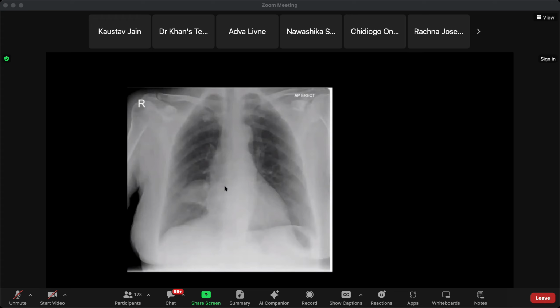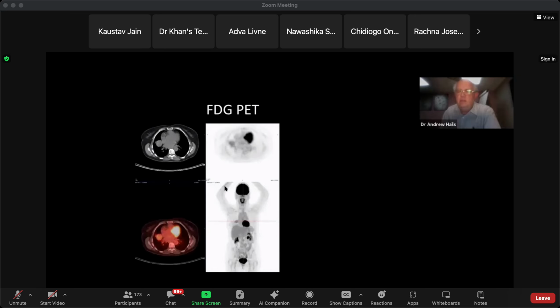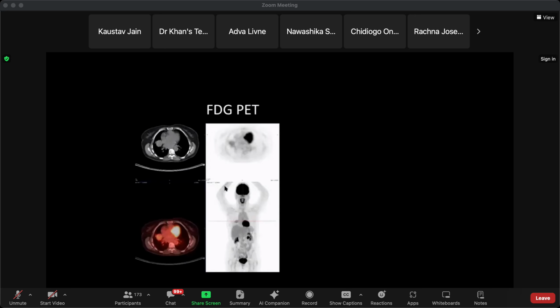It is quite well defined. I don't see any contralateral lung lesions, but it would be suspicious of a lung lesion. On the PET scan, it demonstrates moderate FDG uptake, not as much as the adjacent heart, but there is mild to moderate FDG uptake in the right lesion.